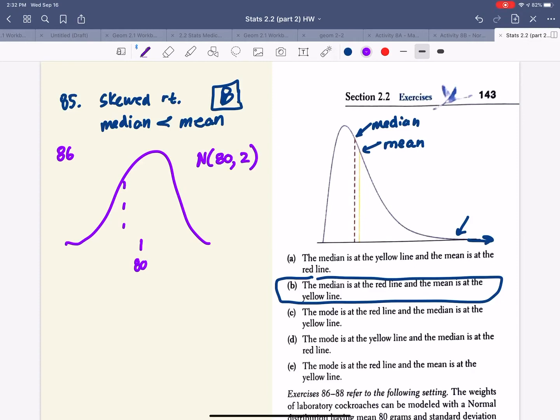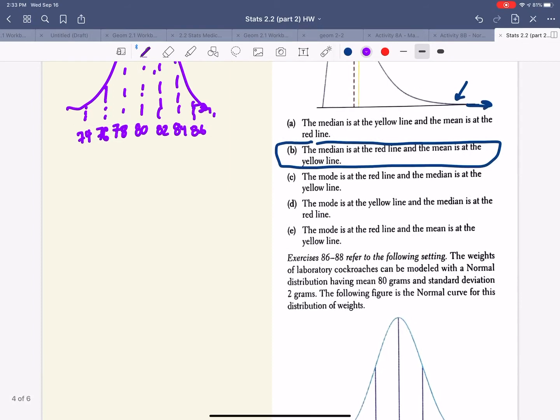So then subtract 2, subtract 2, subtract 2. Add 2, add 2, add 2. So that's approximately what we got going on here. See what I'm saying?